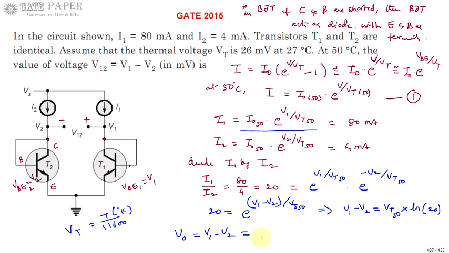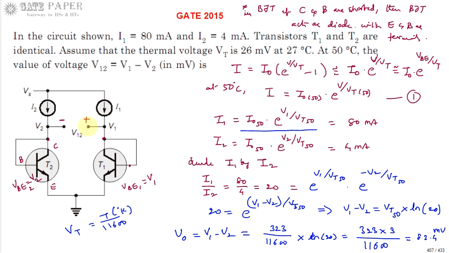So 50 degrees centigrade is 50 plus 273, which is 323, divided by 11,600, into natural logarithm of 20, which is approximately 3. So 323 into 3 divided by 11,600 gives 83.4 millivolts.